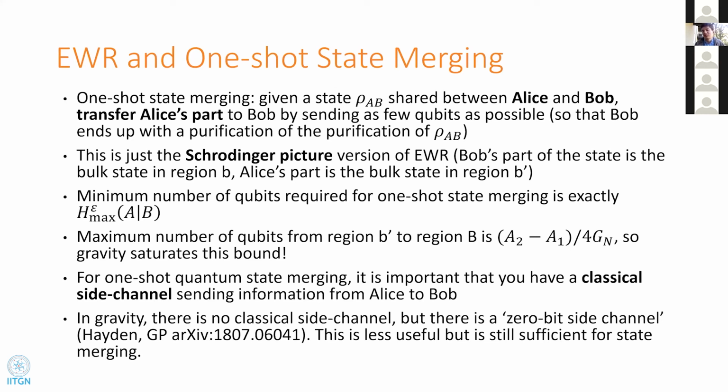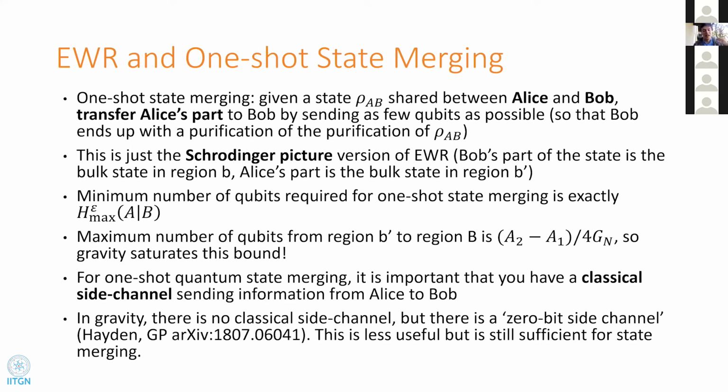But there is what's called additional zero-bit information from region little b prime that gets through. This is a weaker form of information than classical information, but it's still sufficient to do quantum state merging. In fact, it's the minimal information you need to do quantum state merging.